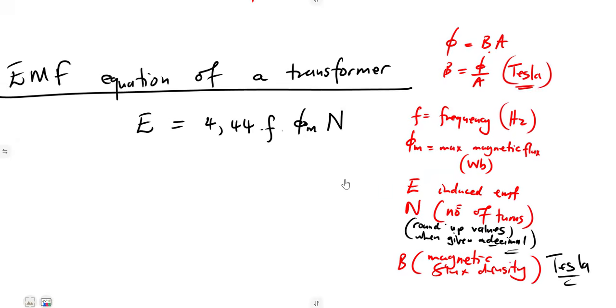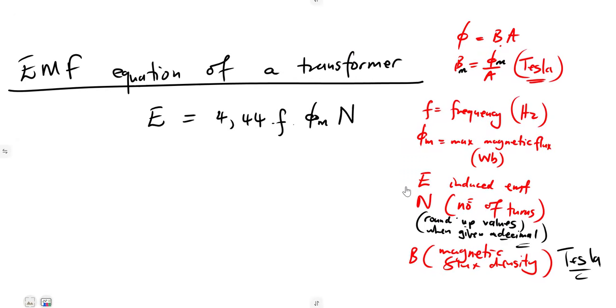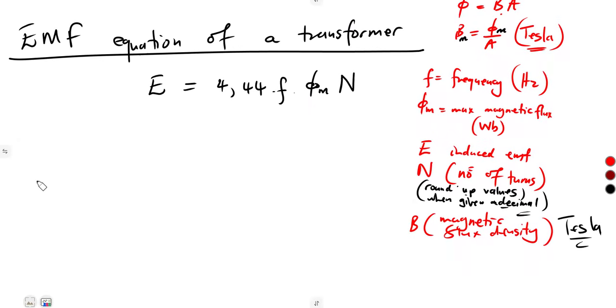So that's a relationship which can be obtained. If this is maximum flux, remember these two are directly proportional to each other. Magnetic flux and magnetic flux density are directly proportional. So if this is maximum, this is also maximum. That is the condition that can be used. This is part of your EMF equation. Just understand the basics. It's very, very important.